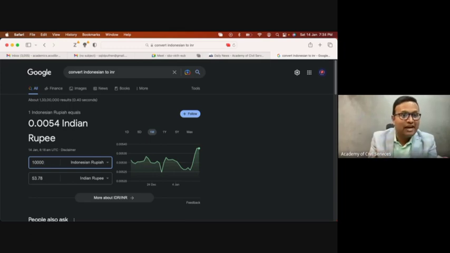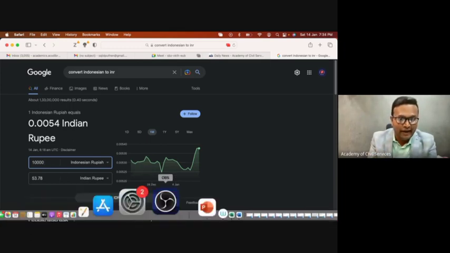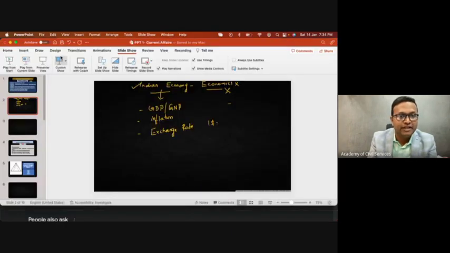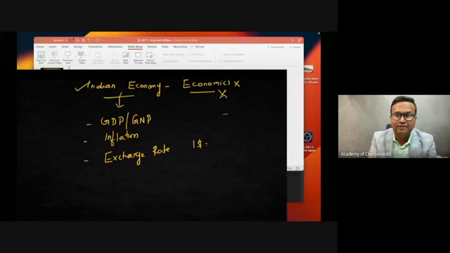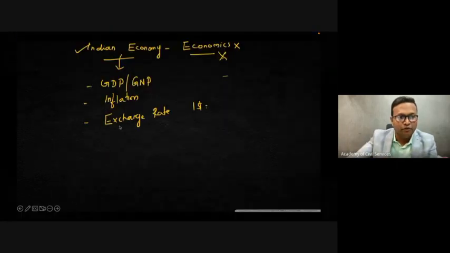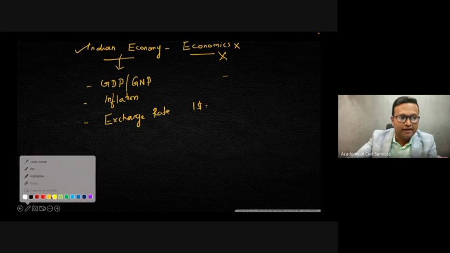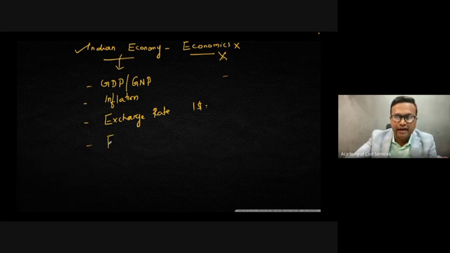My point is that we have to think why it happens so. What are the reasons behind the appreciation and depreciation of Indian currency? Again, the foreign trade of India. How to improve the foreign trade of India? What are the measures the government has to take for the improvement of the foreign trade of India? What is FDI, foreign direct investment?